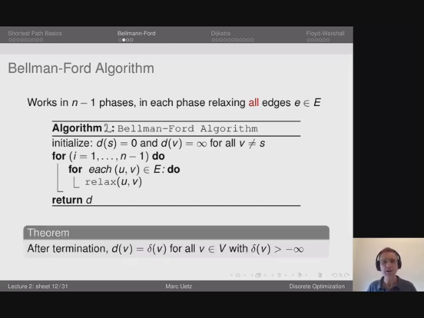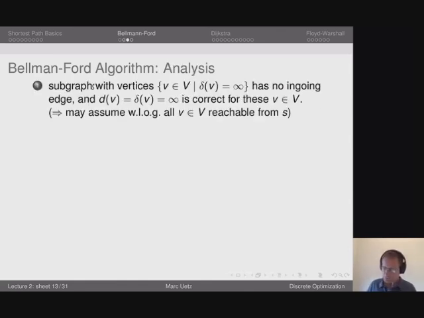Here's the theorem. After termination, the distance labels will be correct, representing the true shortest path length for all the vertices for which this is well defined. Okay. Now let's see why this is true. The first observation is the uninteresting part of the graph. So this concerns subgraphs with vertices which are not even reachable.